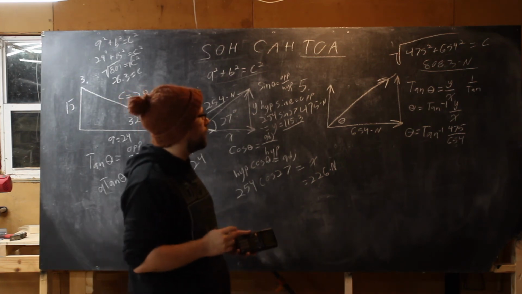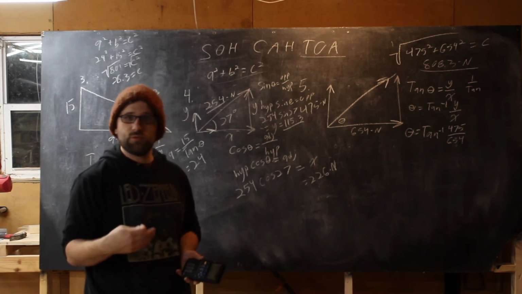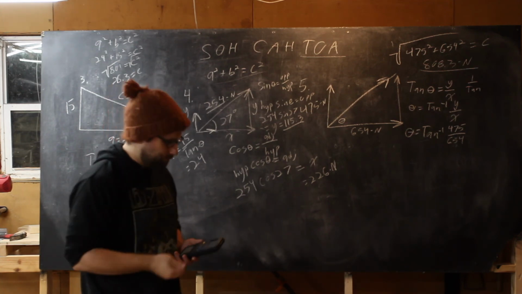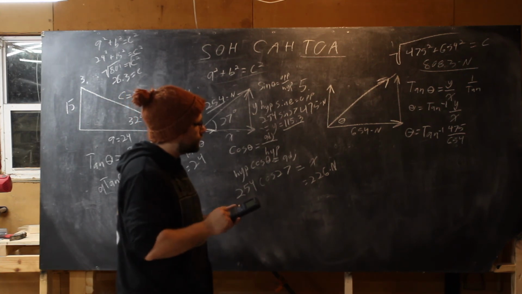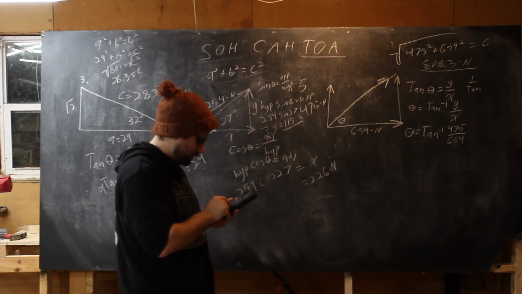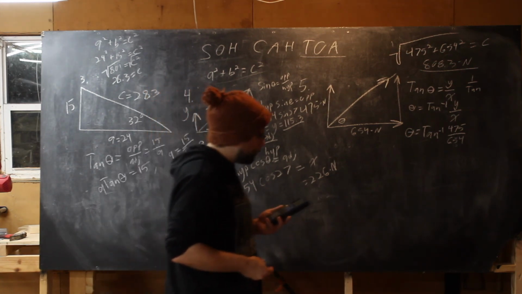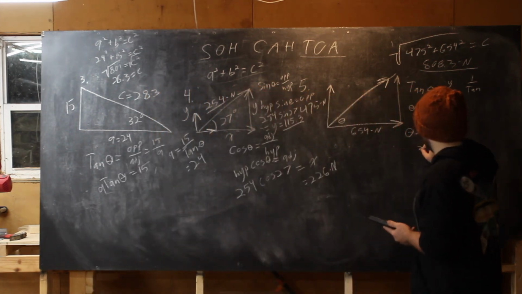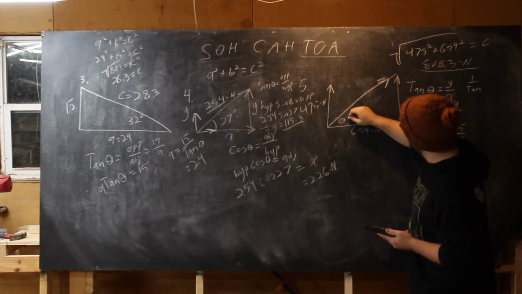If we graphed this out, you would see that difference very clearly. I'm not going to graph it out in this video, but if you want to know, let me know. I can show it to you. So, 475 over 654 times tangent negative 1. That's going to give me a result of 35.9 degrees.